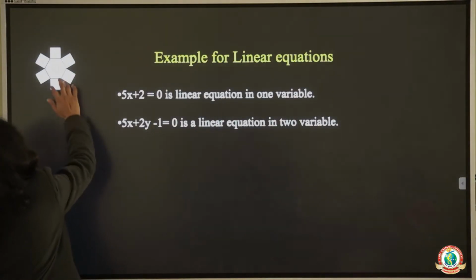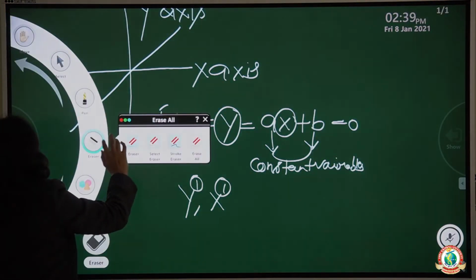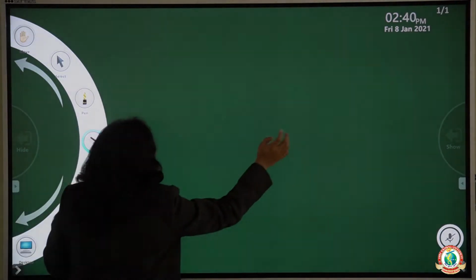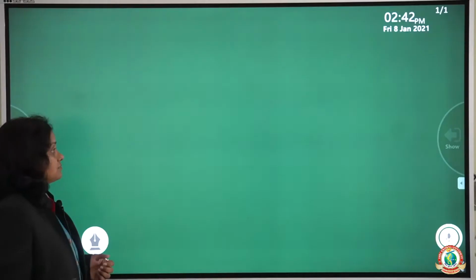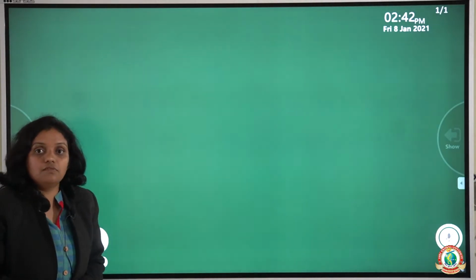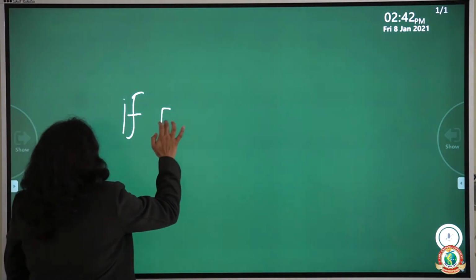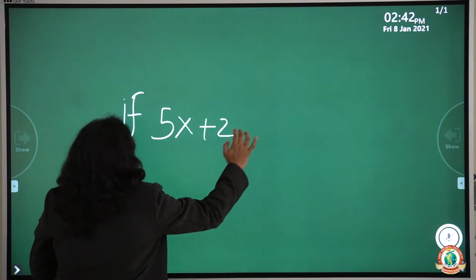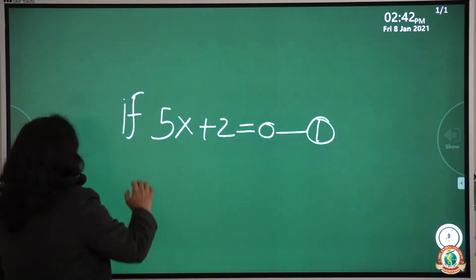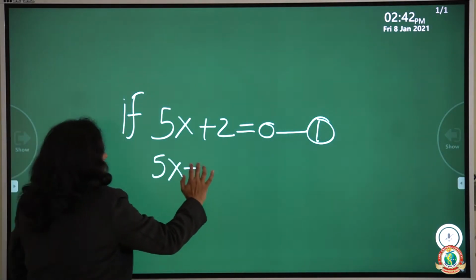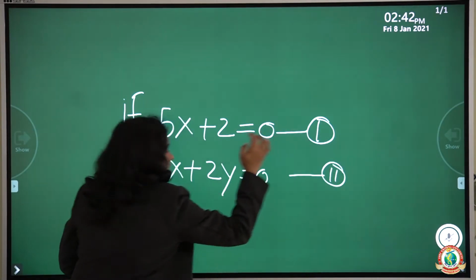Examples of linear equations. We define some examples of linear equation. Given the equation 5x + 2 = 0, this is the first equation, and 5x + 2y = 0, this is the second equation.